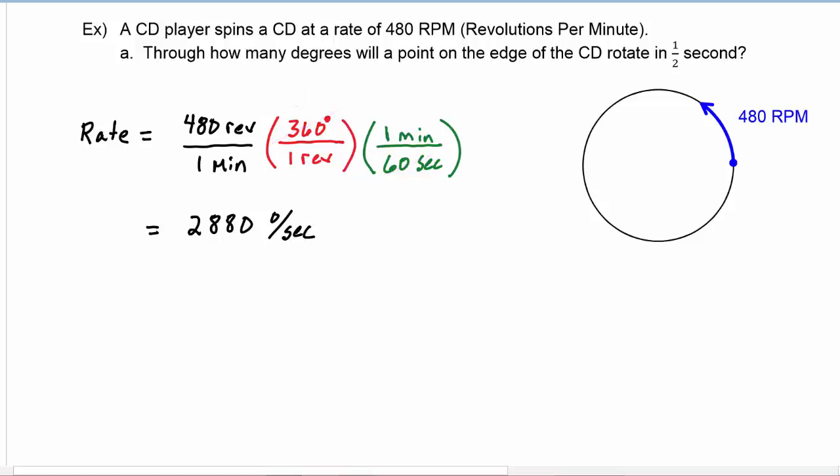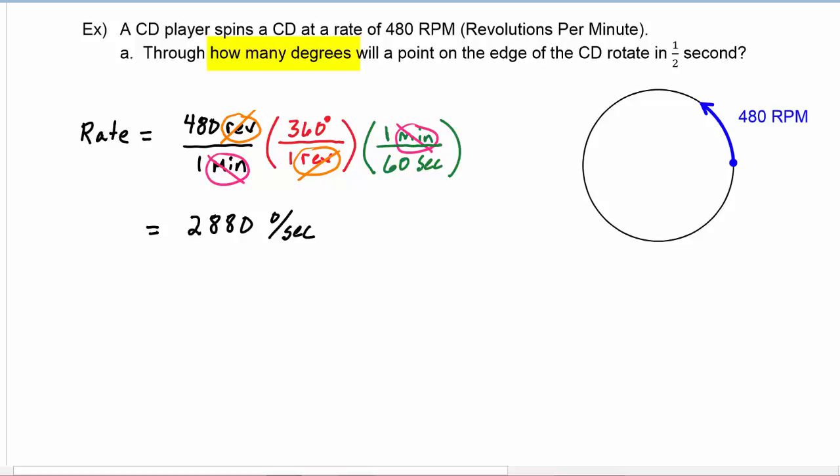Now here's how the units worked out, right? We had revolutions here, which canceled with revolutions here, and we had minutes here that canceled with minutes here, so you can see that we were left with degrees over seconds, and that's what we had for our rate. Now the question is asking us to find how many degrees, not how many degrees per second.